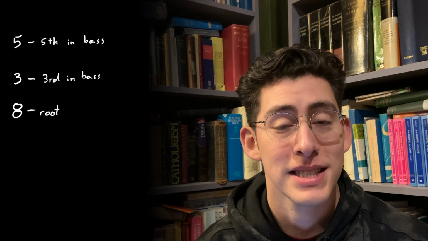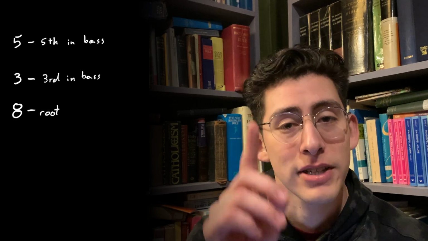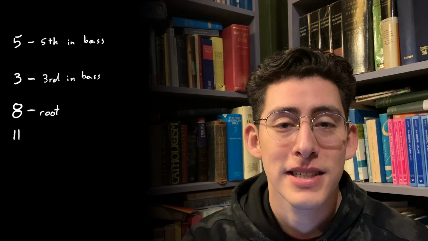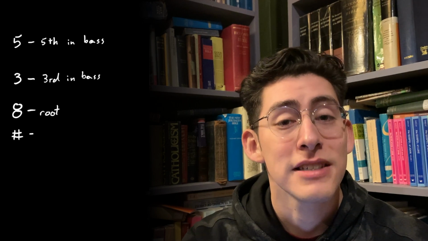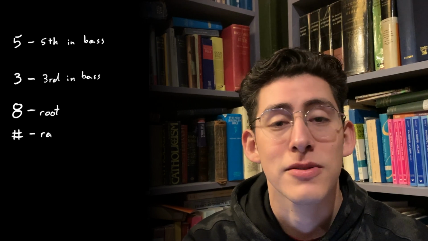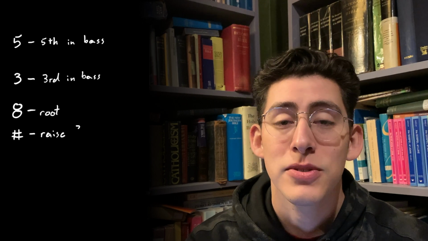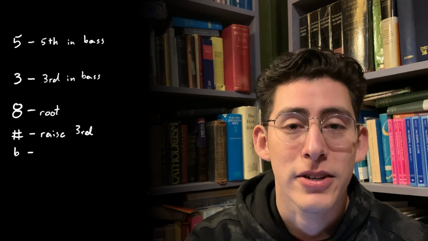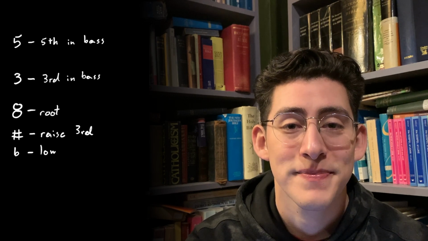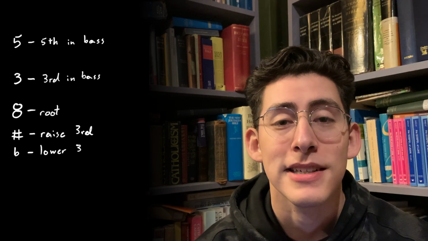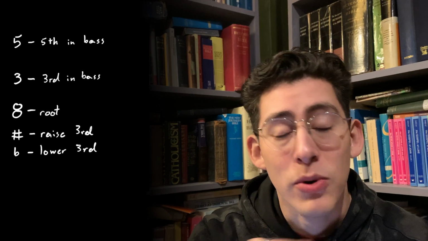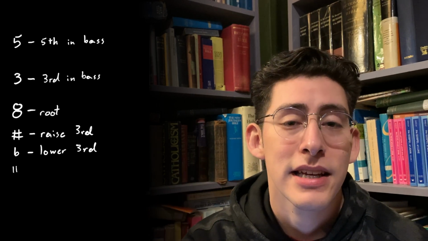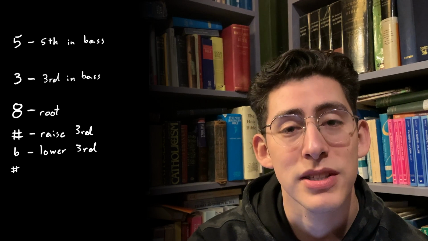Another figured bass idiom that you'll have to learn is that if there is a sharp sign listed as a figure, it's telling you to raise the third of the chord regardless of what inversion it's in. Just by raising a semitone, you would create the effect that the figure is trying to indicate. Also, if a sharp or a flat has a number next to it, then it's indicating the specific pitch in the chord that's meant to be raised.